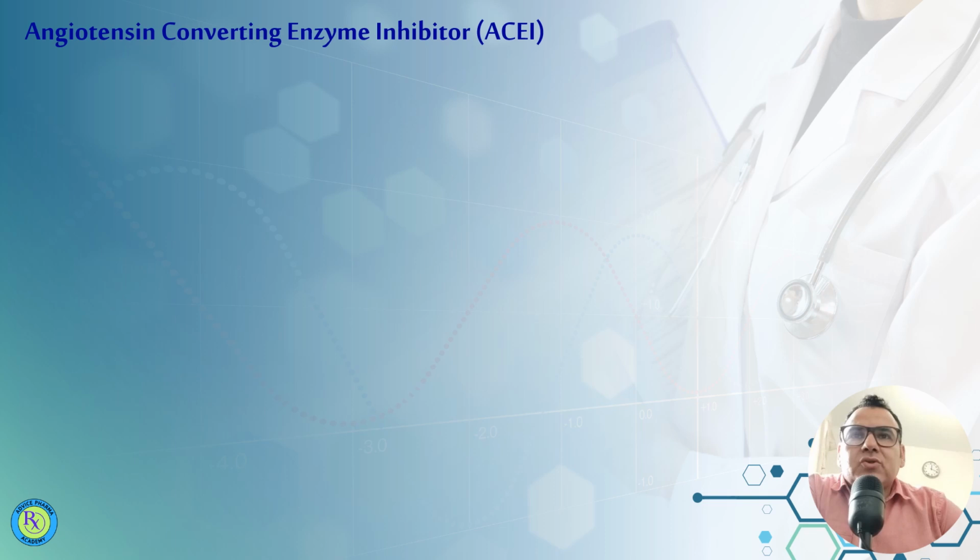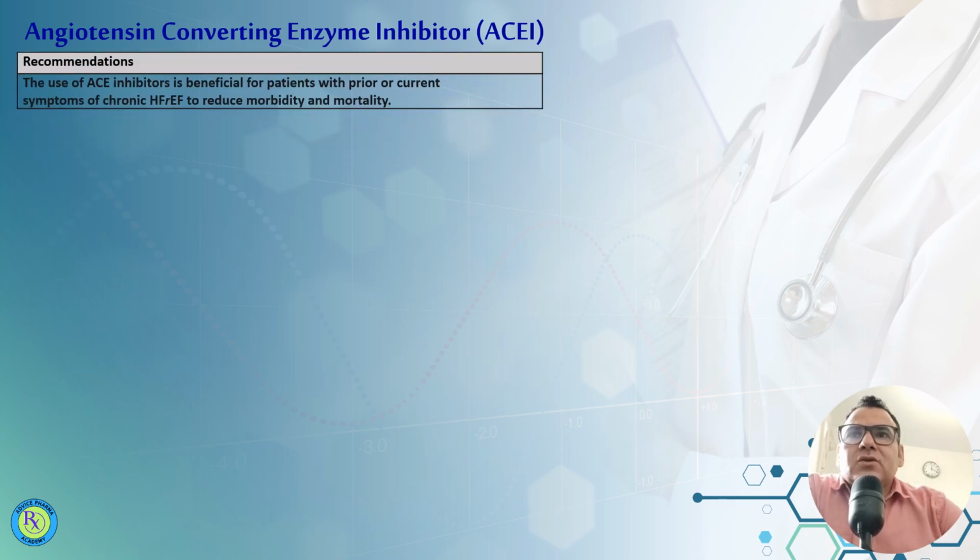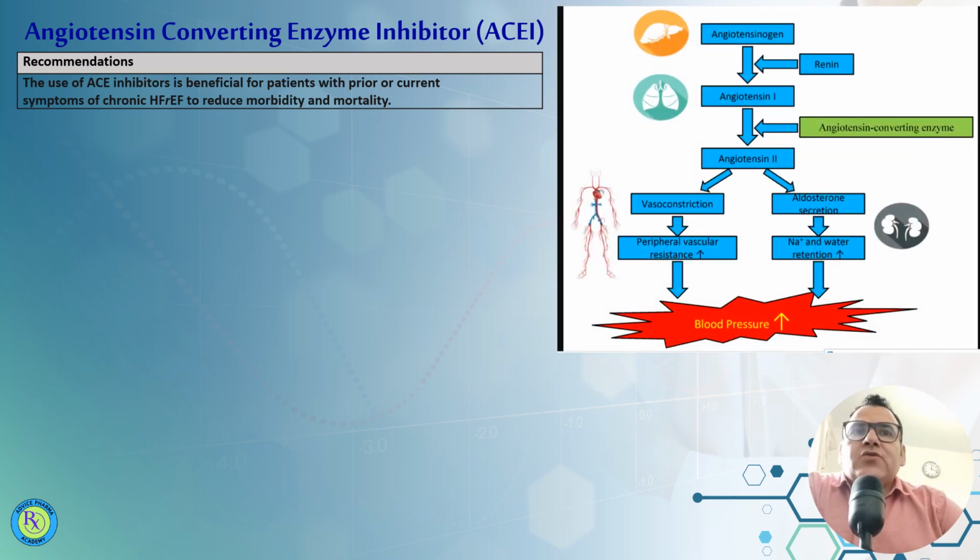ACE inhibitors, or angiotensin converting enzyme inhibitors. They are beneficial in patients with prior or current symptoms of chronic HFrEF to reduce morbidity and mortality. As we mentioned, we need to block the renin-angiotensin system in order to improve heart failure, because this system is activated and antagonizes the effect of heart failure.